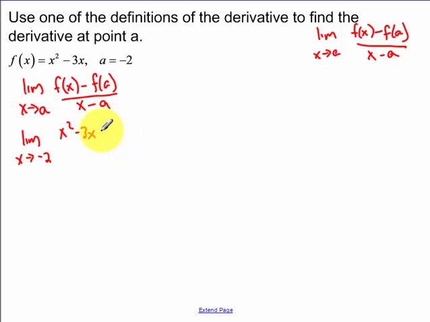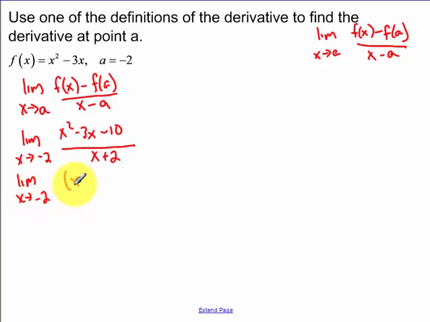When I plug in -2, we get a positive 10, so it's minus 10 all over x plus 2. Now you should recognize that when I plug in -2 on the top and bottom, you get 0 over 0, so that's why we've dealt with all those limit laws, or basically finding limits by algebra.